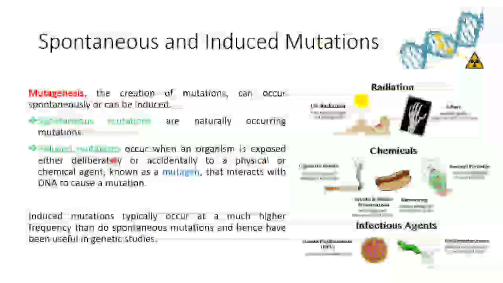However, the induced mutations, here we are talking about when the organisms or the cells are exposed to mutagens. Mutagens means physical or chemical agents. For example, radiations represent physical mutagens, UV radiations or X-ray radiations, or if the cells are exposed to chemical mutagens such as the chemicals present in cigarette smoke, some types of preservatives in food.